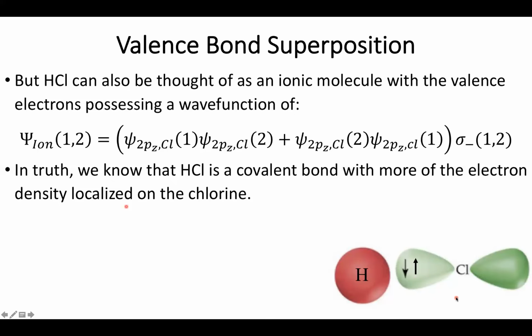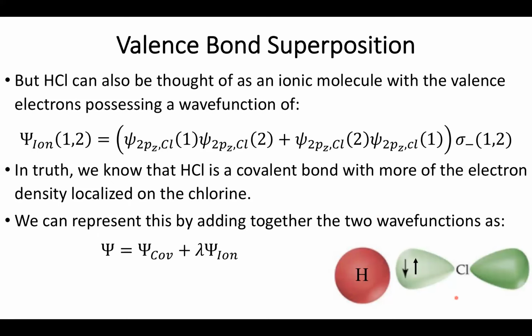So nothing stopping us from using our old friend, the superposition. I mix my two wave functions together. So by convention, I'm just going to give my C1 on the covalent as 1, and then my coefficient on the ionic as lambda. So notice this is not a normalized wave function.